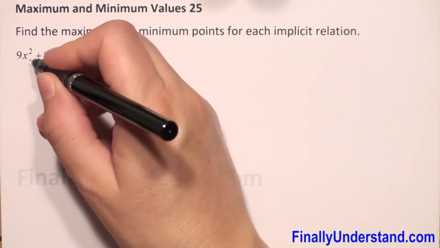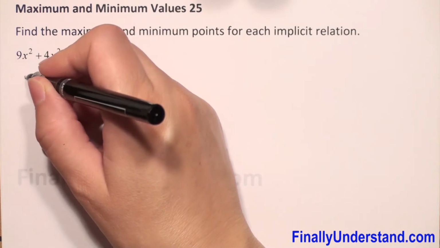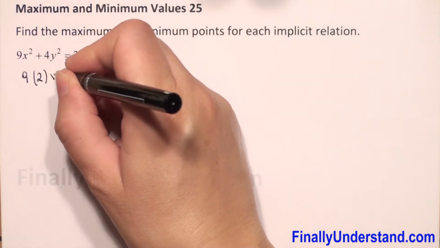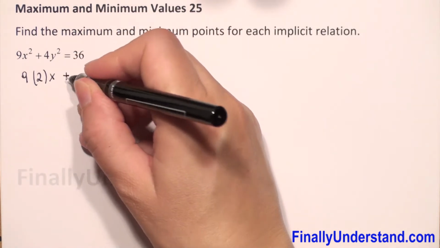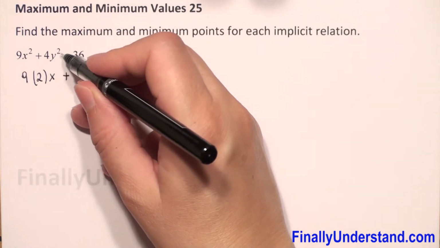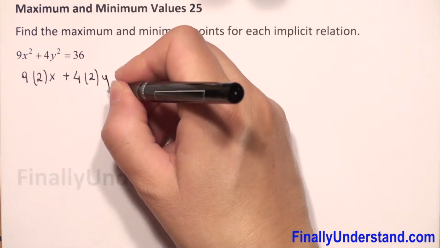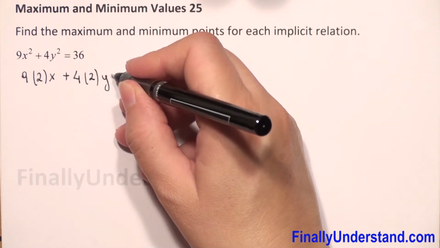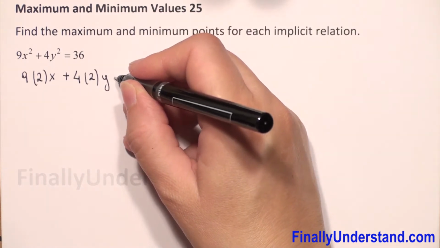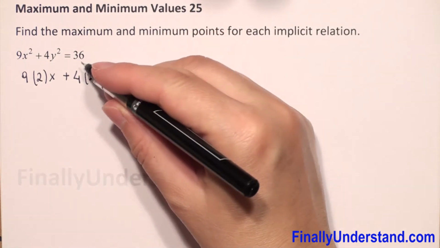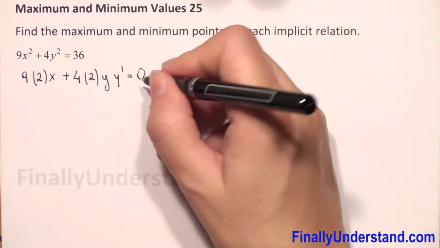So derivative of 9 times x squared is 9 times 2 times x plus derivative of 4y squared will be 4 times 2y, and we have to treat y as a differentiable function of x, so it will be times y prime is equal derivative of 36 is 0.